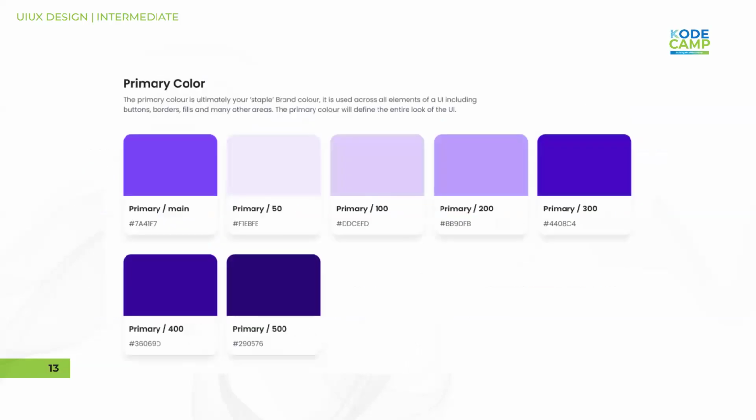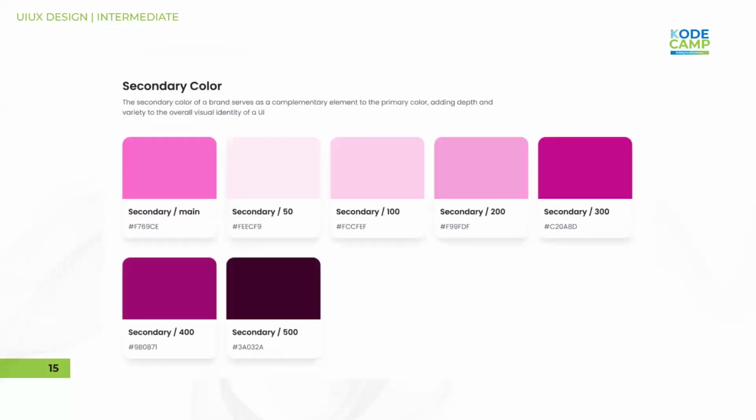Look at the primary color here, and also look at the secondary color. You can notice the secondary color is not stealing attention from the primary color. So anytime you choose your secondary color, make sure that it complements the primary color and does not outshine it.